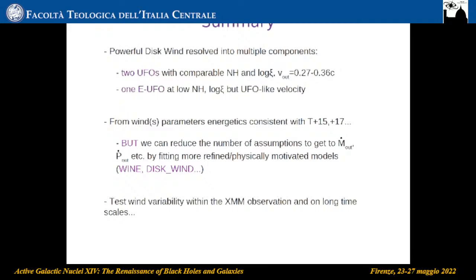I mentioned energetics, but in the end, I didn't bother computing energetics for the winds, because for the UFOs, given the parameters, you will get similar values to the ones published in 2015 and 2017. But as Alfredo was mentioning this morning, there are huge uncertainties and assumptions that you have to make. And so I thought it was not really useful.